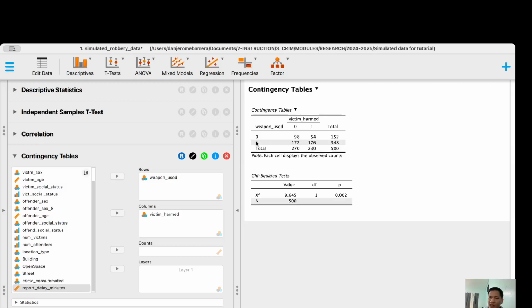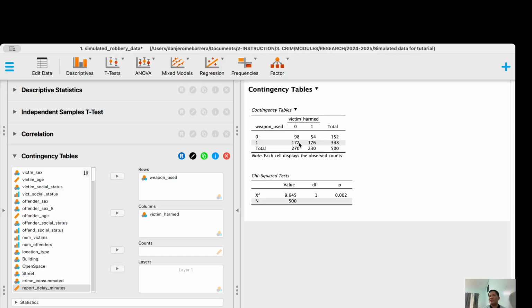Look at this. With no weapon, 98 not harmed versus 54 harmed, but with a weapon, 176 harmed and 172 not harmed.